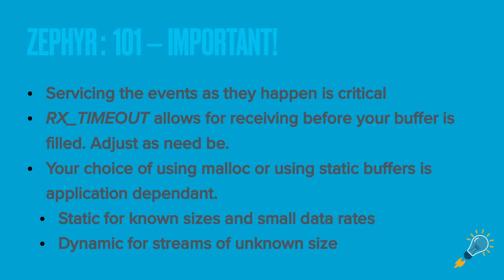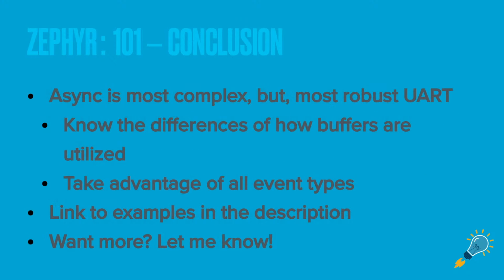Then there's choosing whether to do dynamic or static. Dynamic is much more complicated. Static is really for applications where you know the size and you're not streaming a lot of data. But dynamic is great if you are doing a lot of streaming or handling data that is not known in size. So again, this is all application dependent, so I hope that helps.